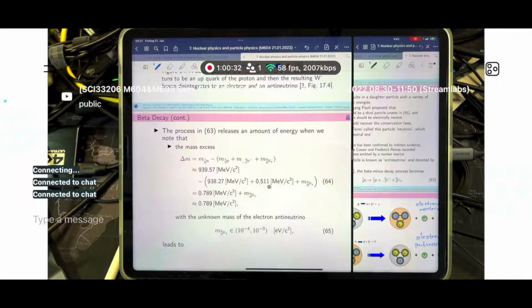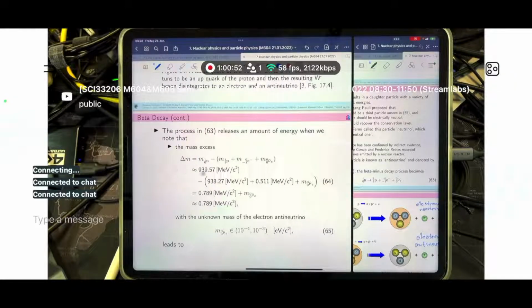You know, the mass of the electron is 0.511 MeV. Mega means million, but they believe that the mass of the electron neutrino is not in mega electron volts. It's only in electron volts, about a million times less than the scale of the electron mass.